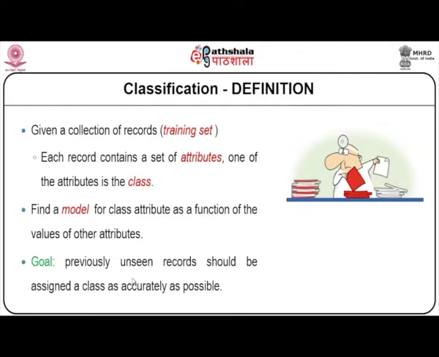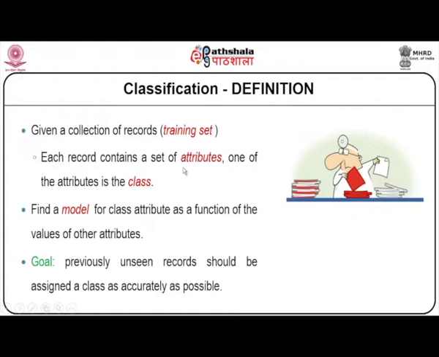First, let us try to understand what classification is. By way of definition, classification is given a collection of records, which we term training sets, where each record contains a set of attributes.